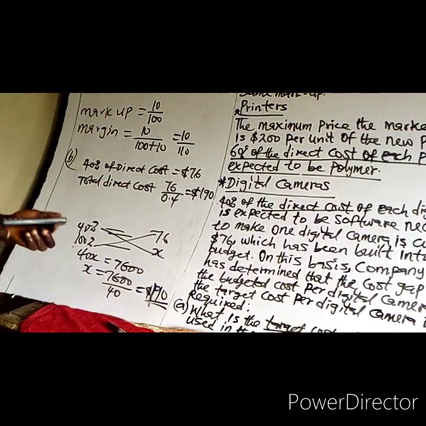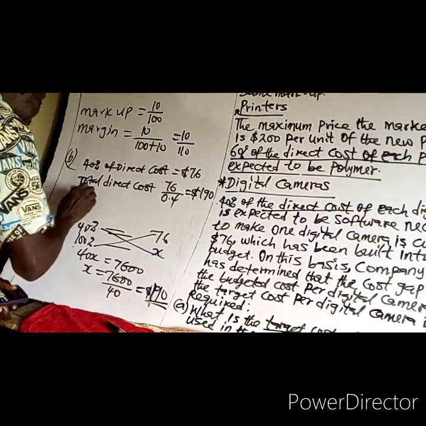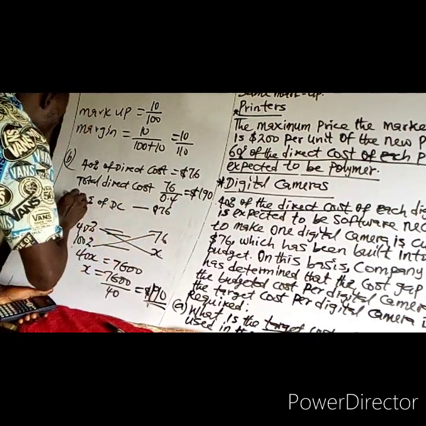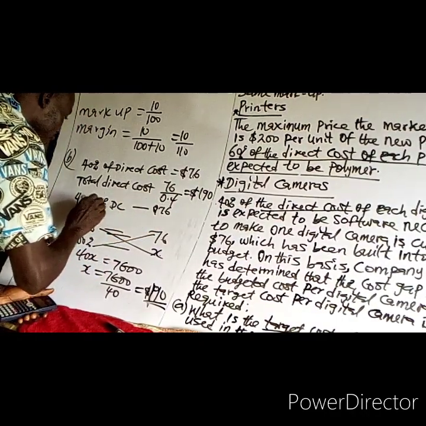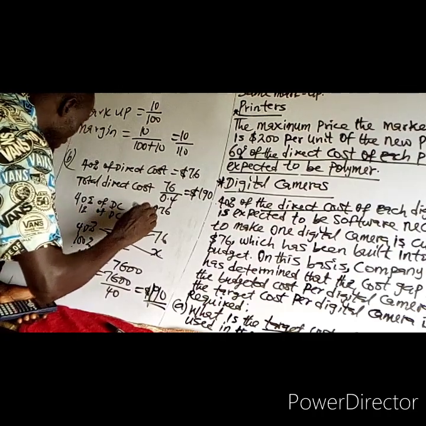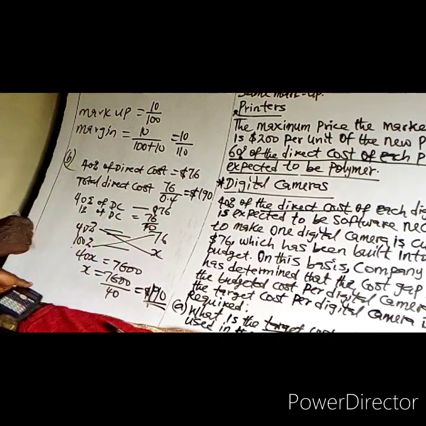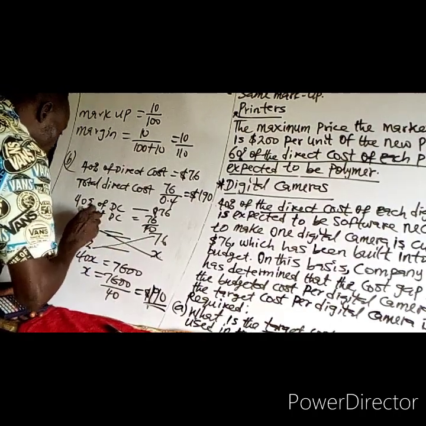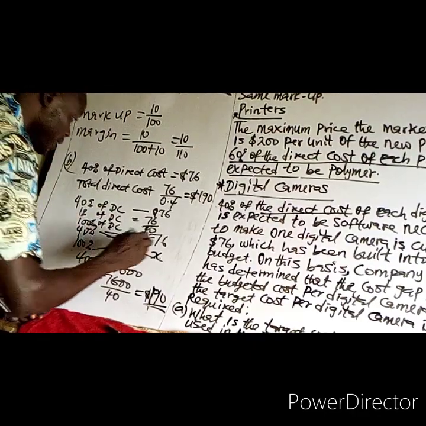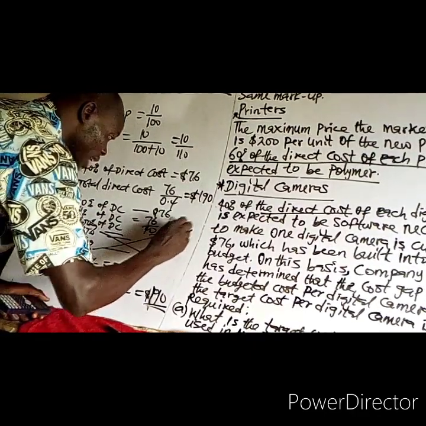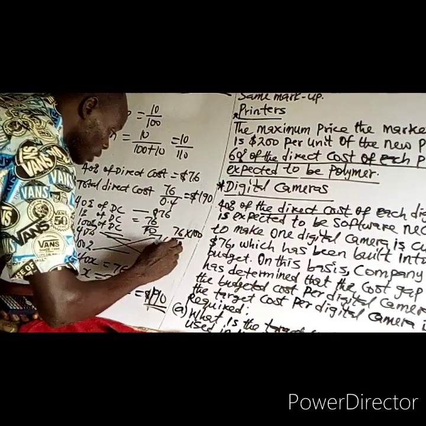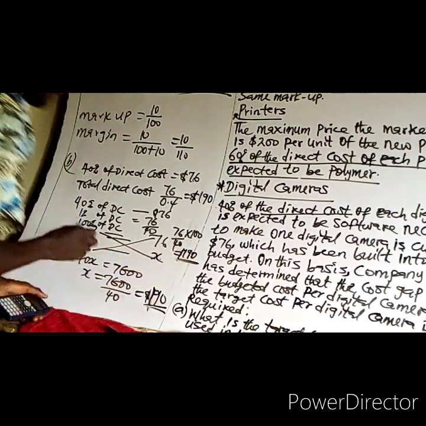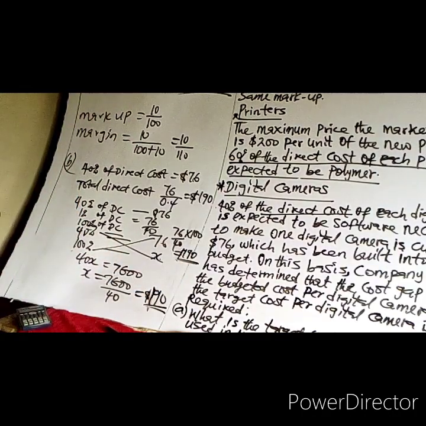And if you don't want to do it that way, if 40% of direct cost is $76, 1% of direct cost will be 76 over 40. 100% of direct cost will be 76 over 40 times 100, which gives us $190. So whichever way you like, you may choose to use it.